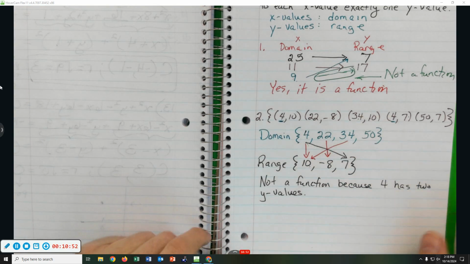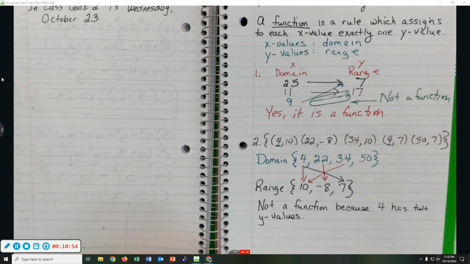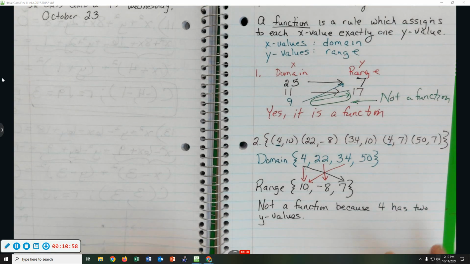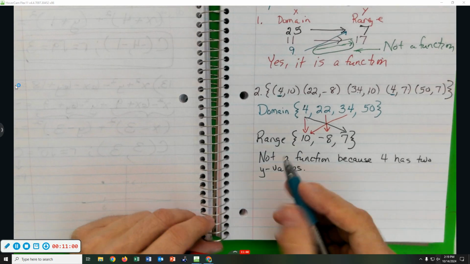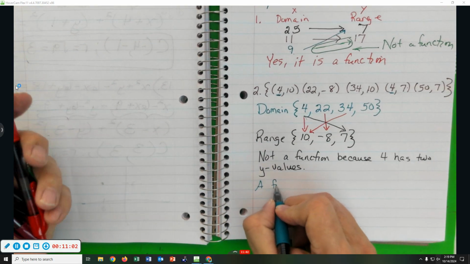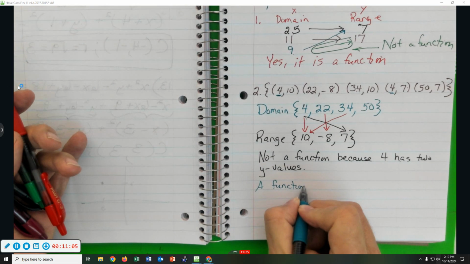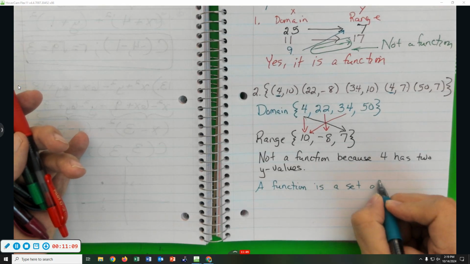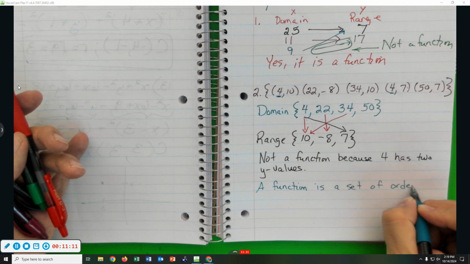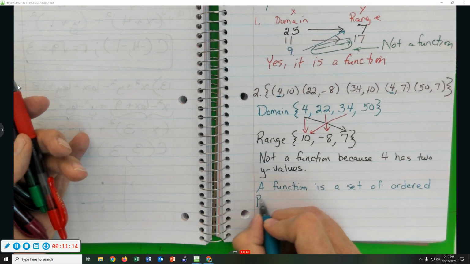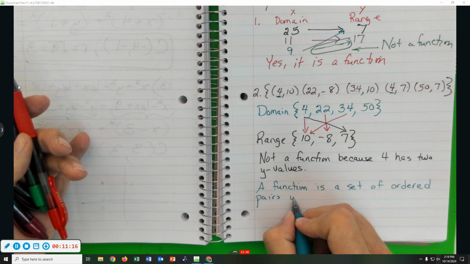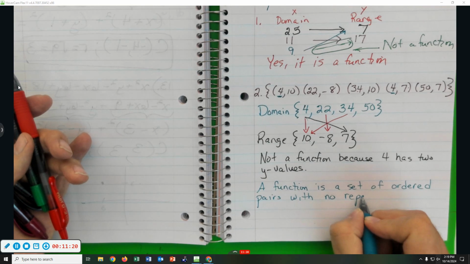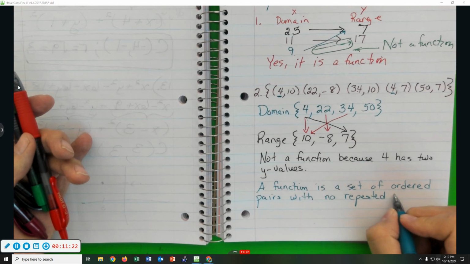You're going to see 3 ways of defining functions today. First way is like this, as a rule. The second definition, I'll word it like this. A function is a set of ordered pairs with no repeated x values.